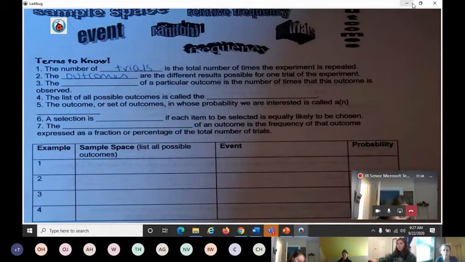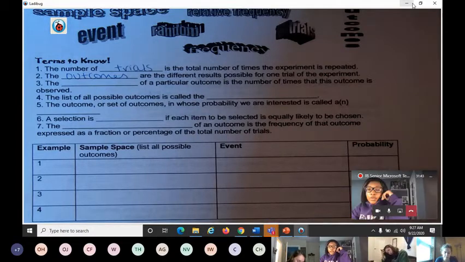I just heard a little blip of something. Miss Roberts? Yes. Layla said that she texted you on Remind. Yeah, I saw it. Okay. Yeah, she said it was still trying to connect.